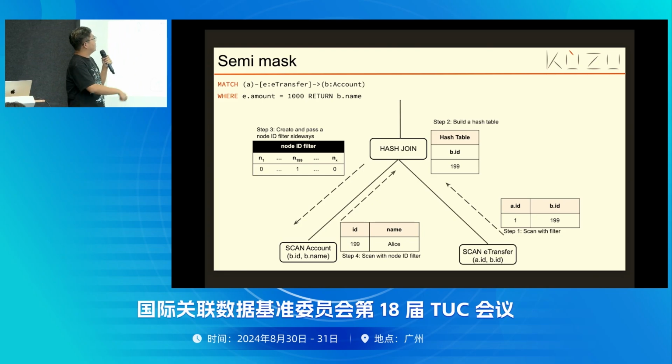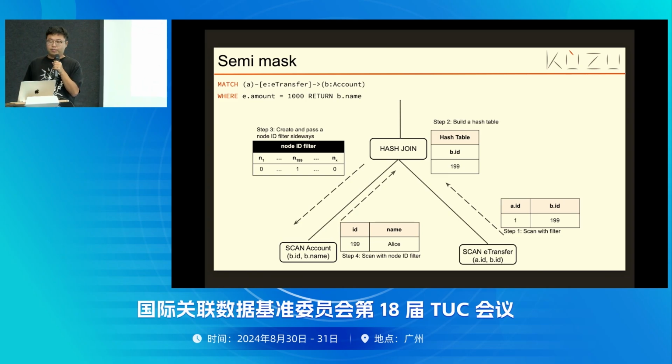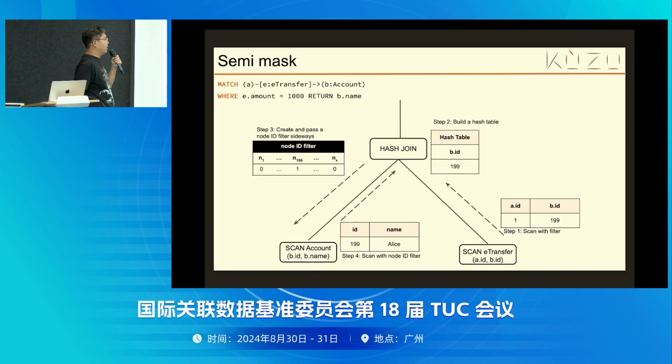In a normal database, you would expect a single hash join that joins your transfer edge table with your account node table. What we can do is, when you scan your transfer edge table on the right-hand side, the hash join build side, after applying the predicate, it will hopefully reduce the output tuples to a smaller size. So let's assume it ends up outputting a single tuple from A1 to B199.